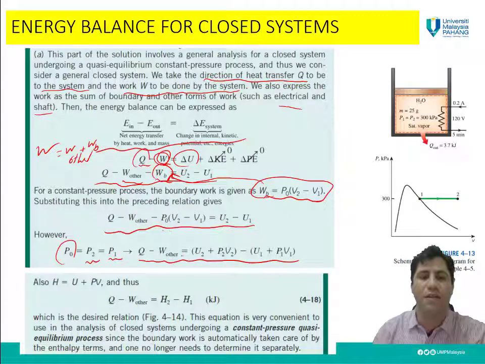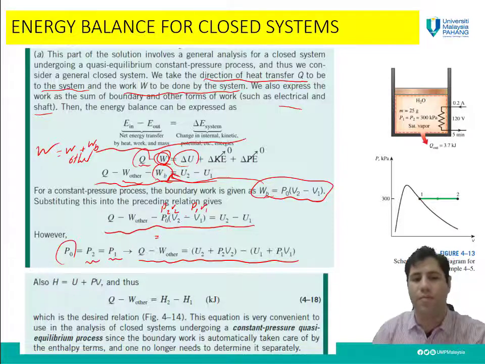We can simply write this equation. If you notice here, this will be P2 V2 here, P0 can be P1, V1.